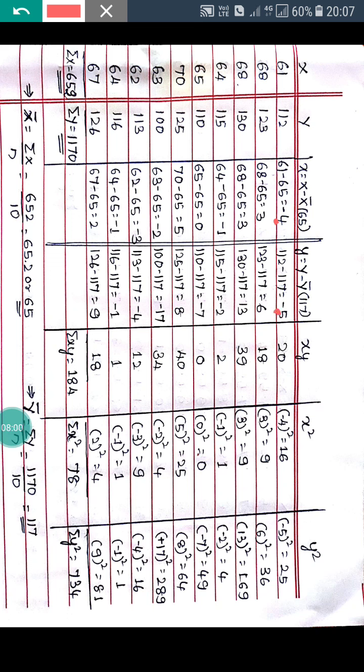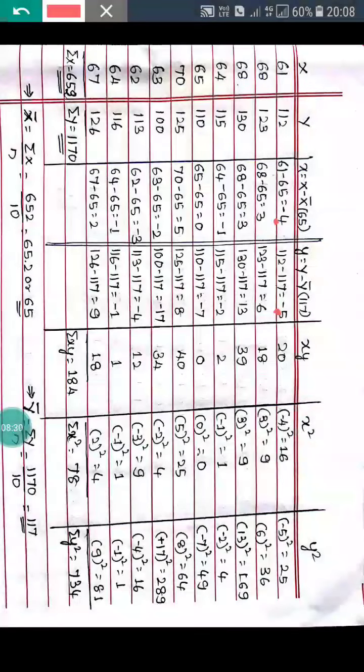When you are multiplying the values, you should concentrate on where the positive value is and where the negative value is. Here both values are negative, so minus into minus is plus. 4 fives are 20.